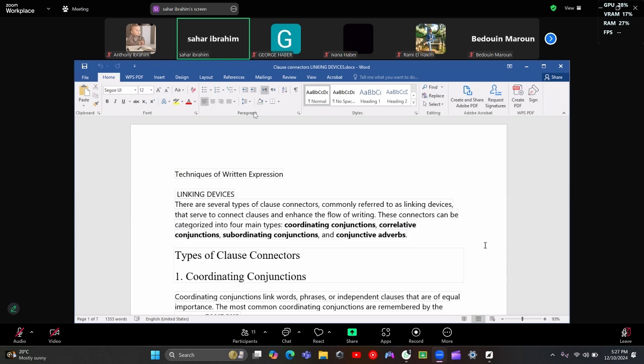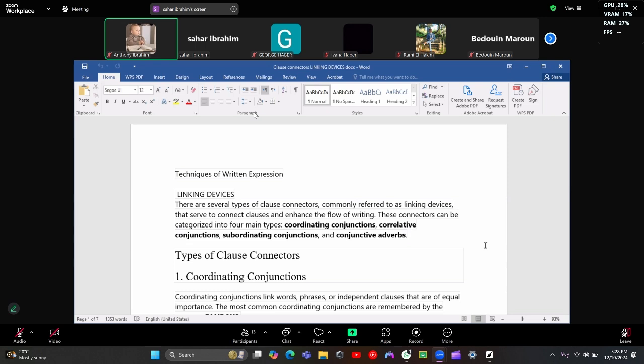Subordinators, like what? Subordinators like when, while, as, since, because, before, after, if, although, though. Aren't you familiar with these words?